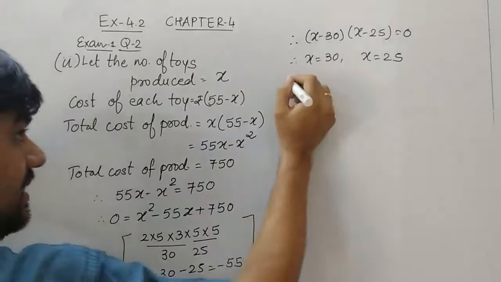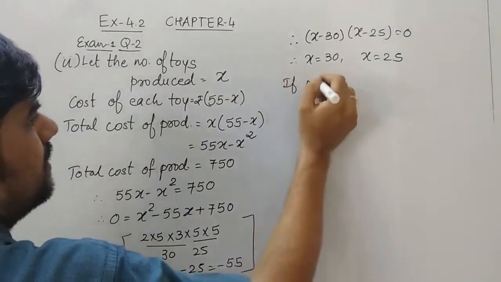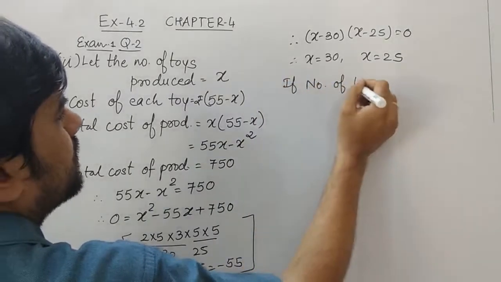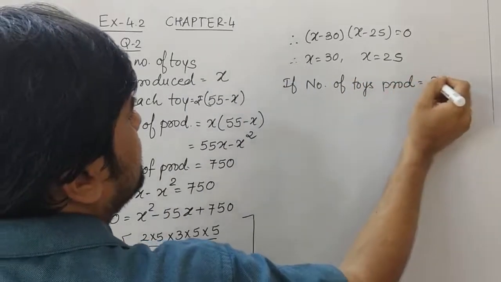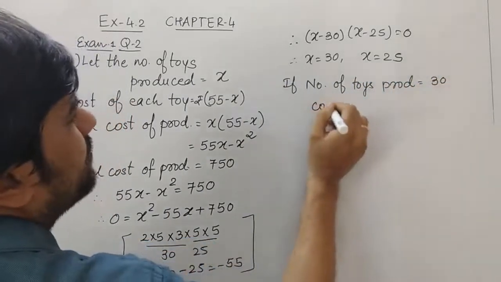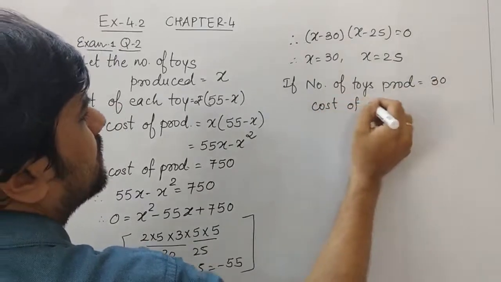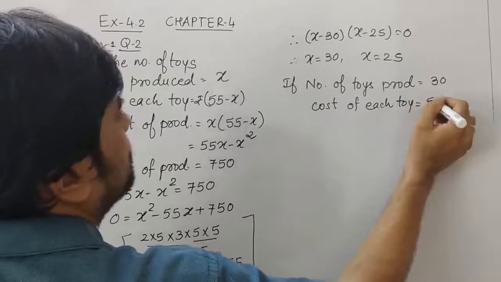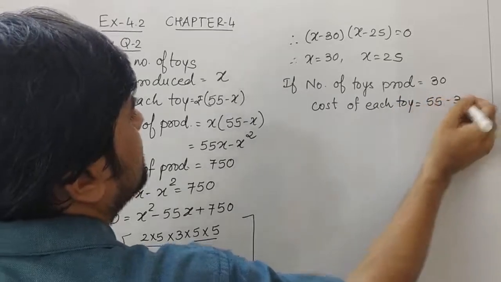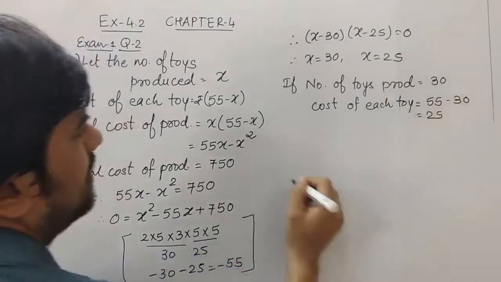So we can say if the number of toys produced on such a day is 30, then the cost of each toy, as it is not mentioned, we have to find out. So it is 55 minus 30, that is 25.